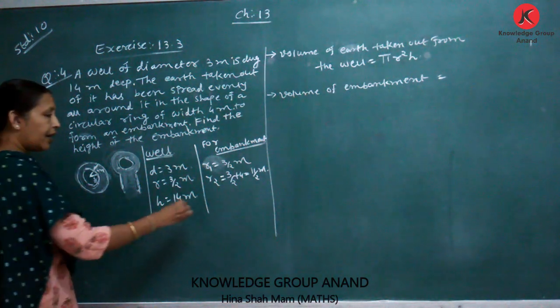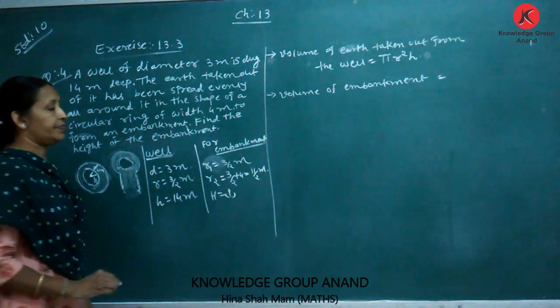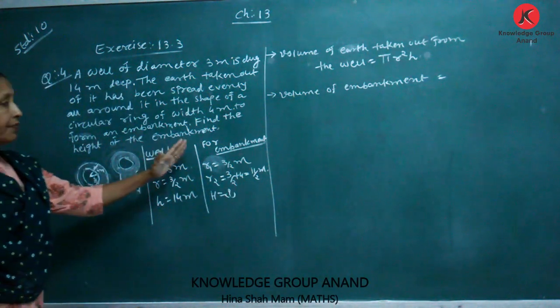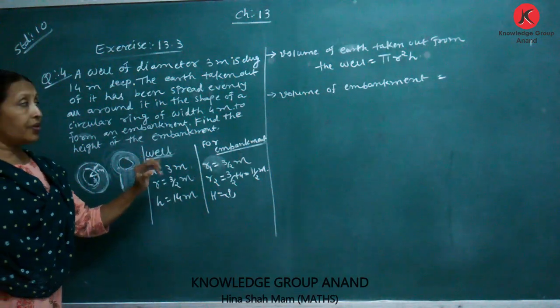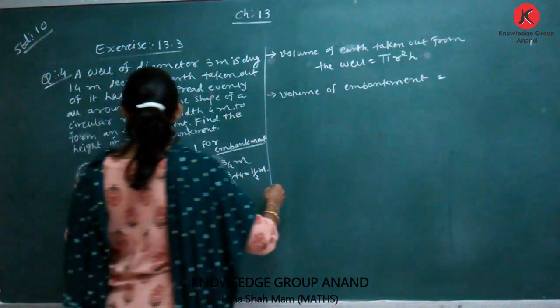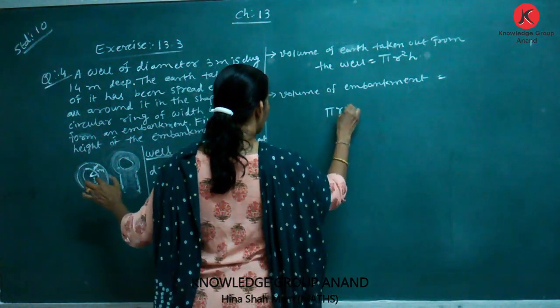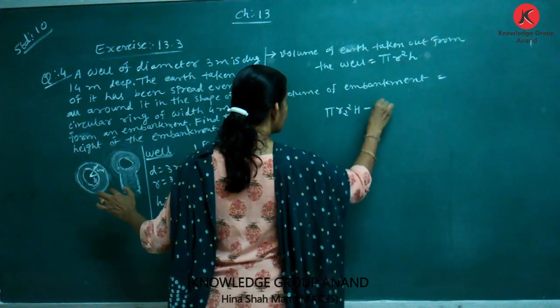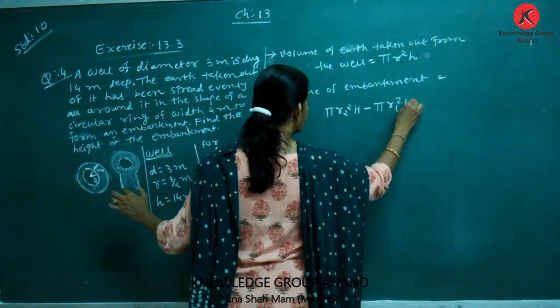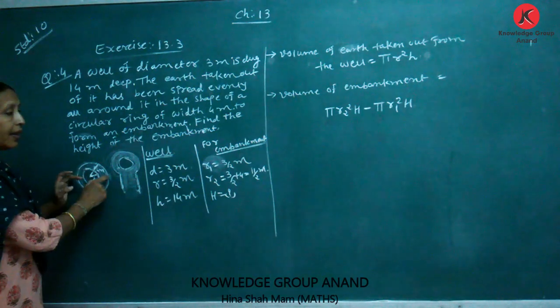Then find the height. First we find the volume of the embankment. Volume of embankment is equal to pi r2 square h minus pi r1 square h. Both are cylindrical shapes.